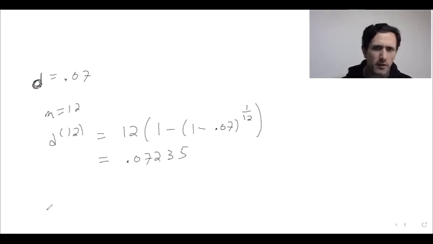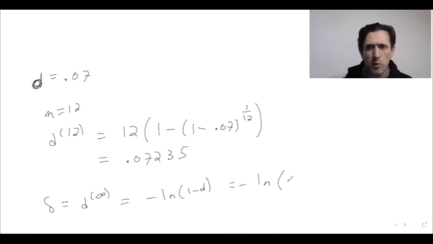On the other hand, our formula for delta, nominal discount compounded continuously, is minus ln of 1 minus D. So that's going to be minus ln of 0.93, 1 minus 0.07, and that's 0.07257.